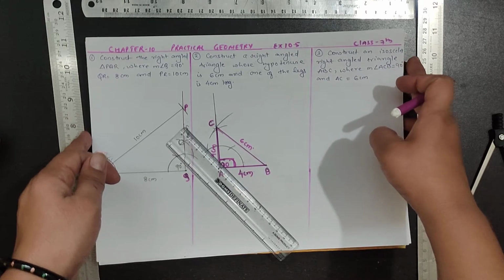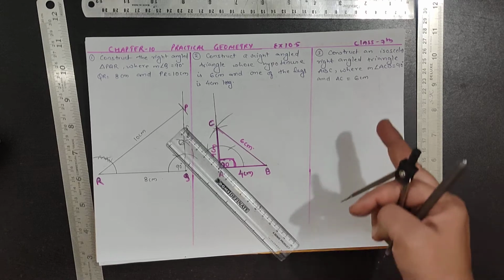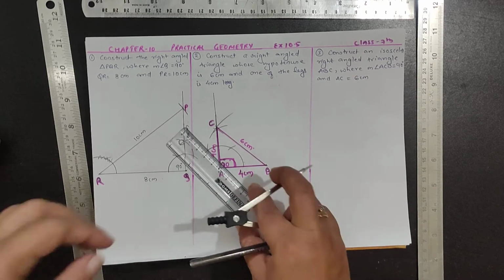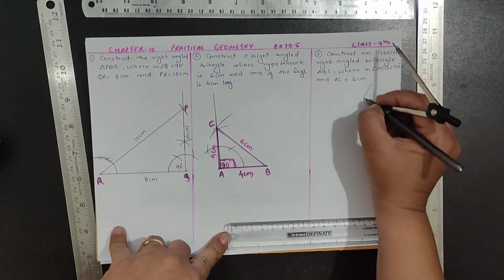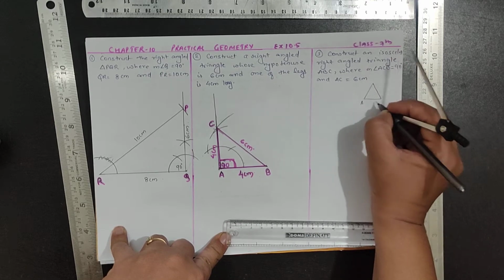Next question and last question of this exercise. Let's start. Construct an isosceles right angle triangle where angle C is given 90 degree and AC is given 6 centimeter. Give a rough diagram. Actually you have to draw the rough diagram for each and every question, na?